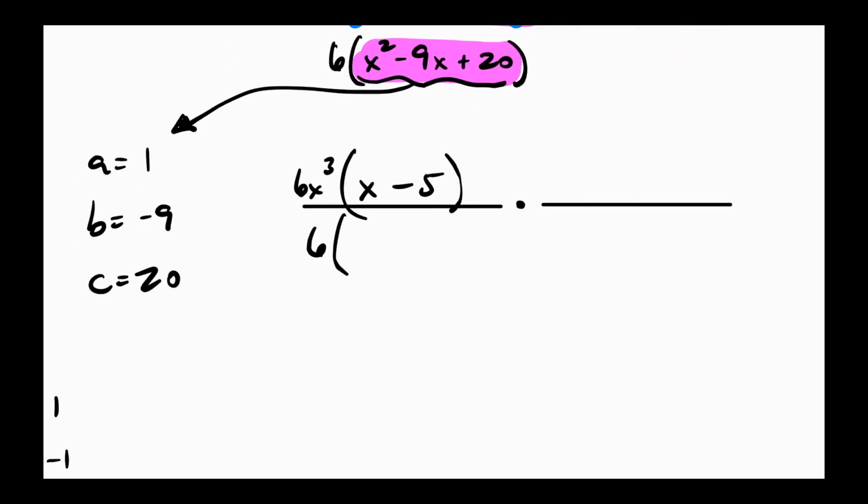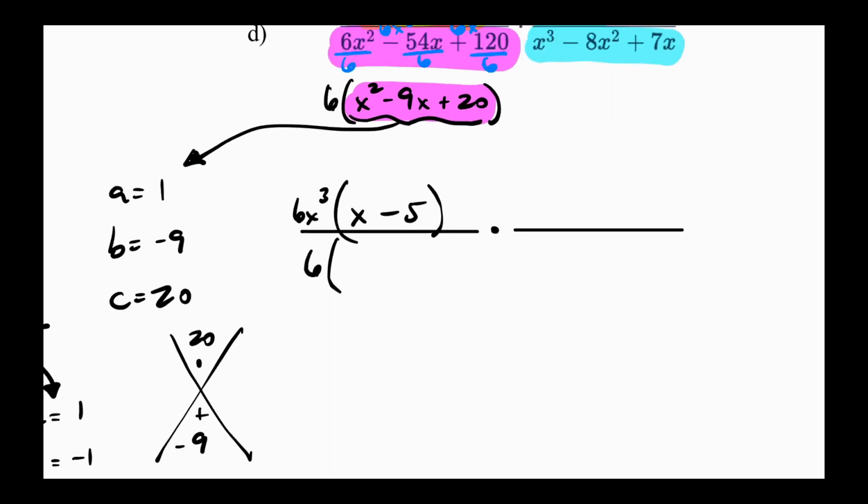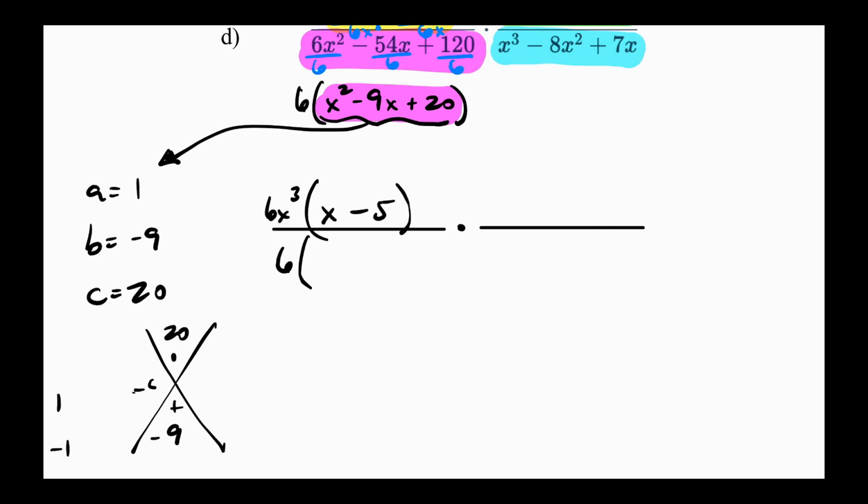What are the two numbers that multiply to be 20, add up to be negative 9? Negative 4, negative 5, good. So x minus 4, x minus 5. Check. That one's done.